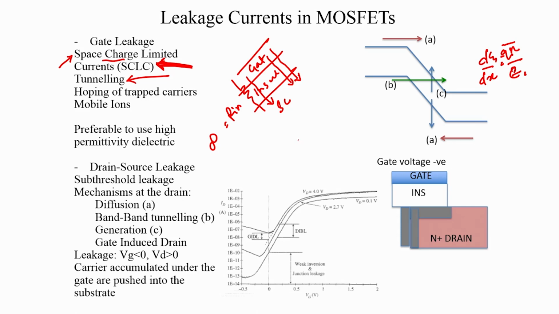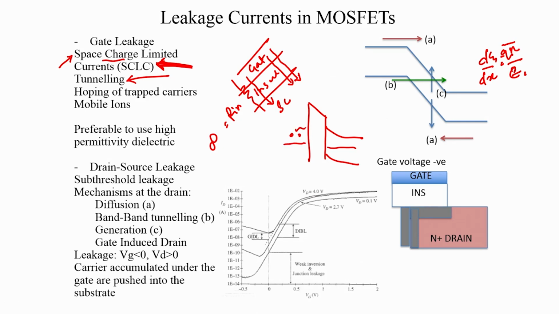So, as we saw, since the insulator is a barrier, let us say you have your metal semiconductor. Let us say we have turned off the MOSFET. So, the gate voltage is 0 or less than 0 and the MOSFET is supposed to be technically off. But you still have electrons.